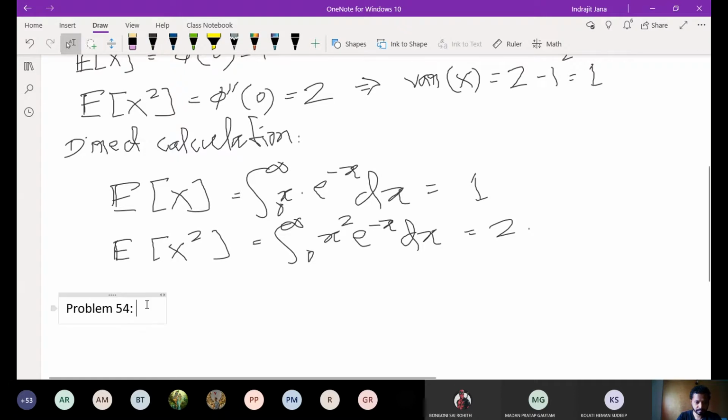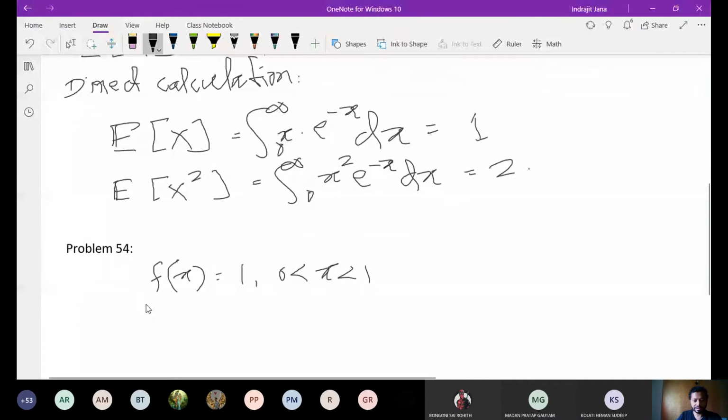The PDF is given by f of x equal to 1 when 0 is less than x less than 1, which is essentially the uniform distribution in the interval 0 to 1.